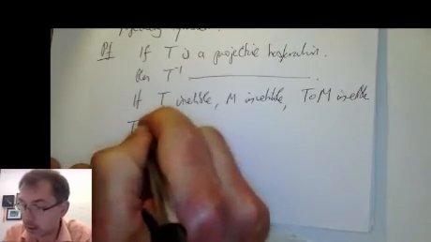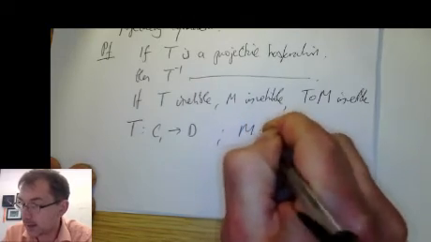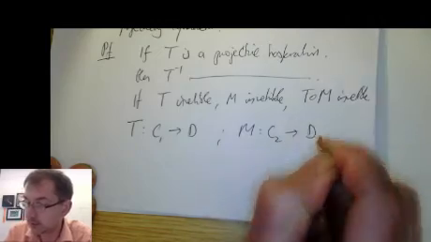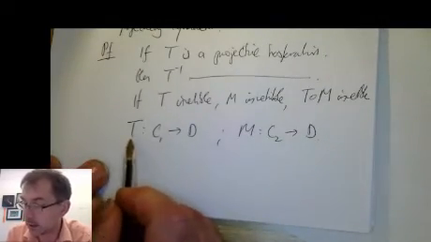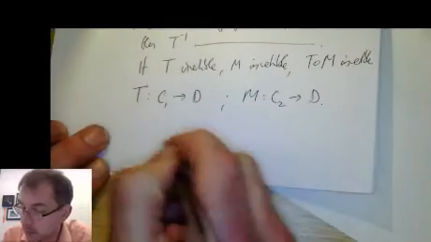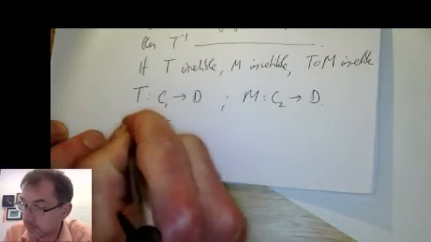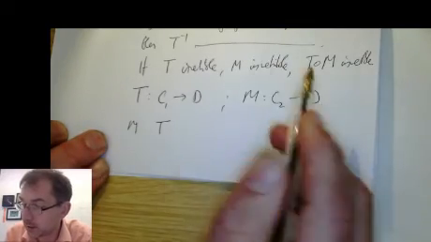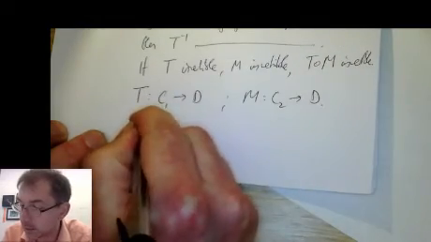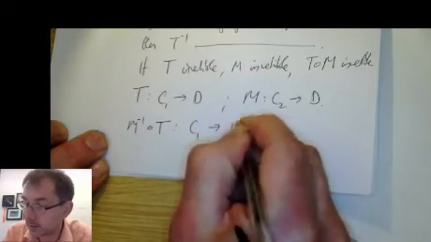So say T sends C1 to D, M sends C2 to D, and then how do I get from C1 to C2? Well, first of all, I take T to D, and then I compose with M to the minus 1. That will take me from C1 to C2.